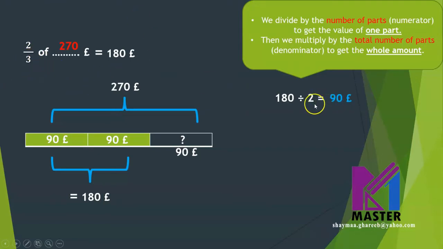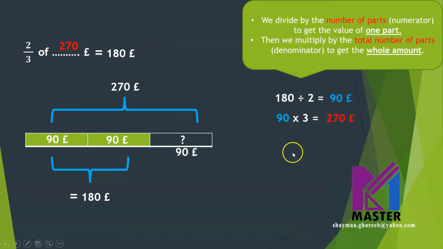So first we calculated the value of one part by dividing by up. Then we multiply by the total number of parts to get the whole amount, which is the number down. So I do 2 steps to get the missing amount. First, I divide the amount by the number up. Then I multiply the answer by the number down.